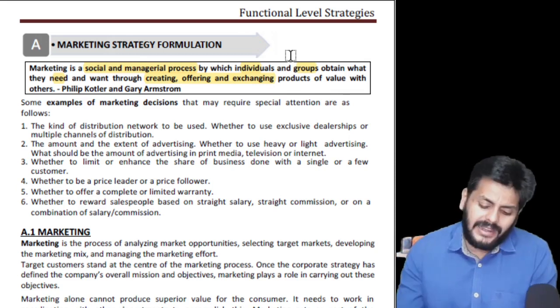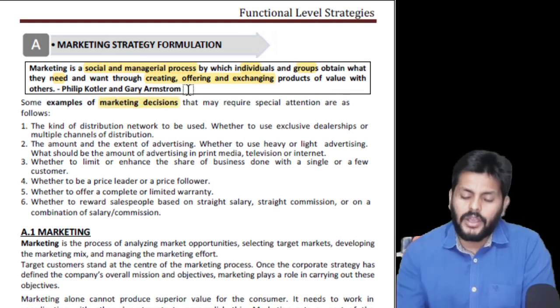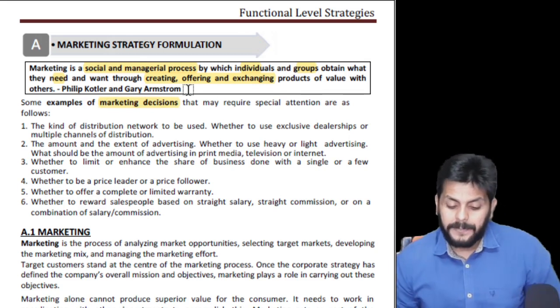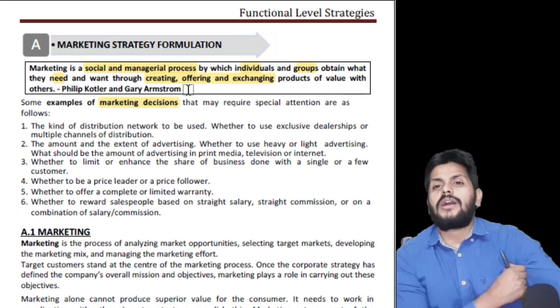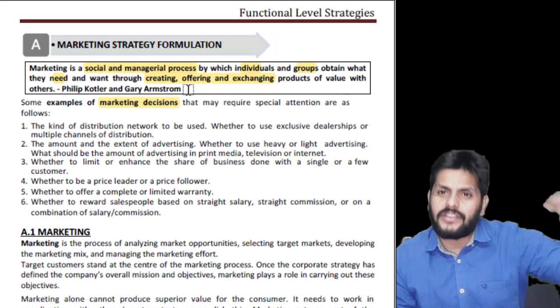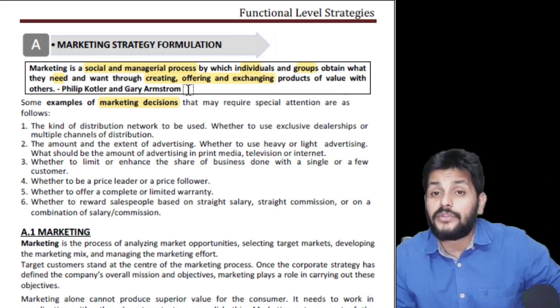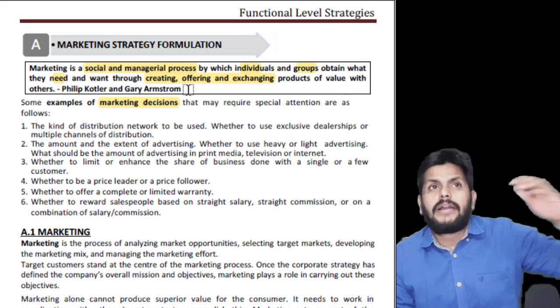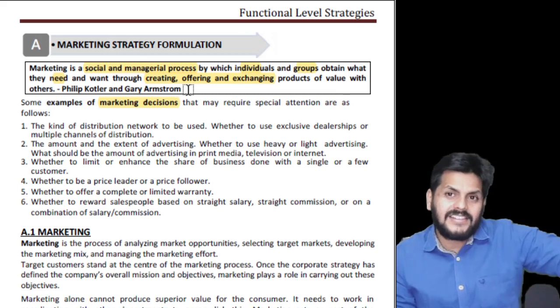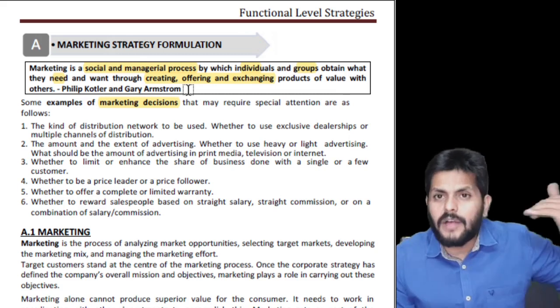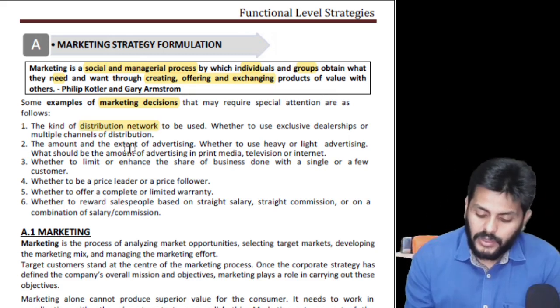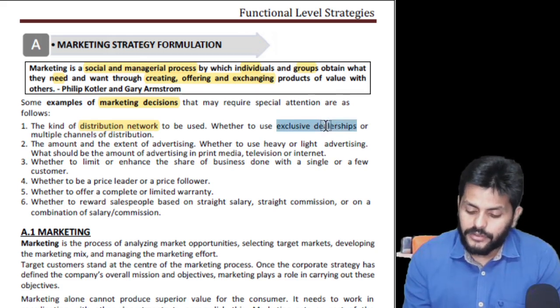Some of the common examples of marketing decisions which require special attention are: what sort of distribution network are you going to use? Are you going to use a physical distribution network? Are you going to use retail channels? Are you going to go for e-commerce? Should you go for exclusive dealerships?